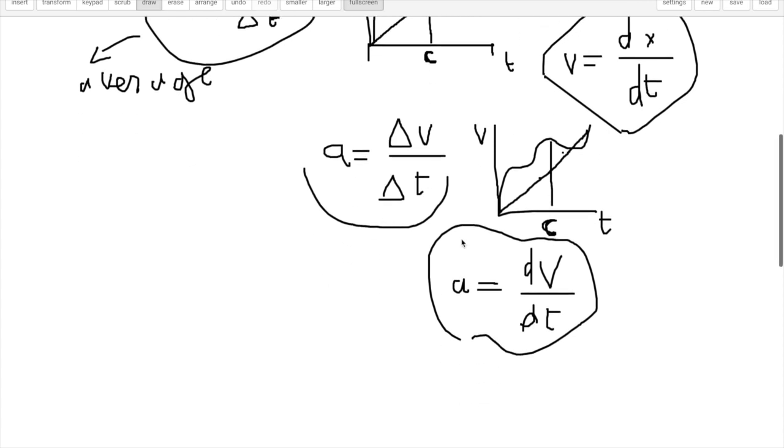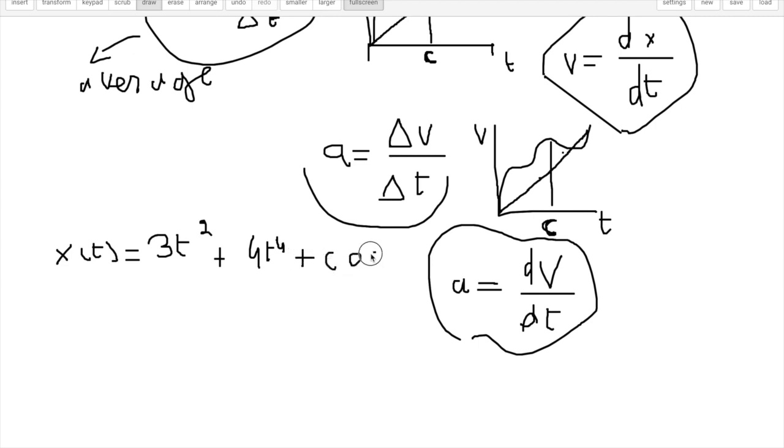If we were to solve a problem here, let's say we have a particle whose position is modeled by a function x of t equals 3t squared plus 4t cubed plus cosine of t.